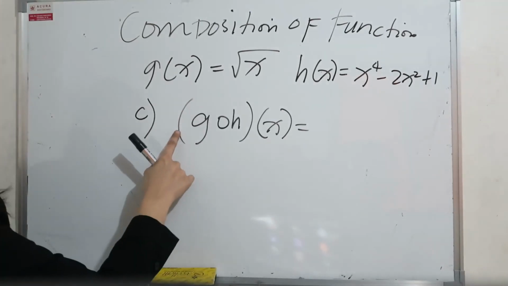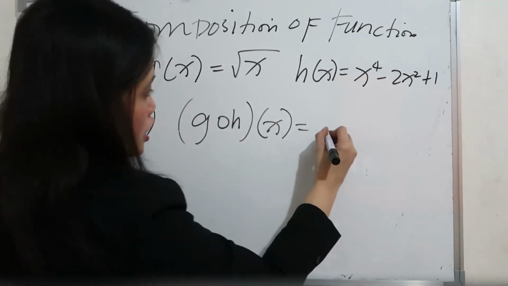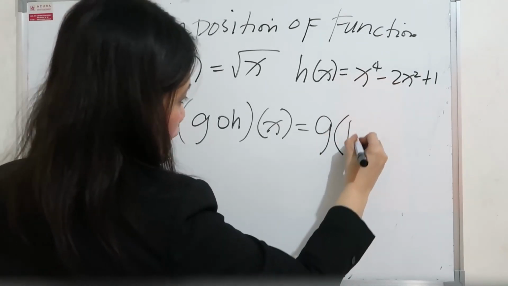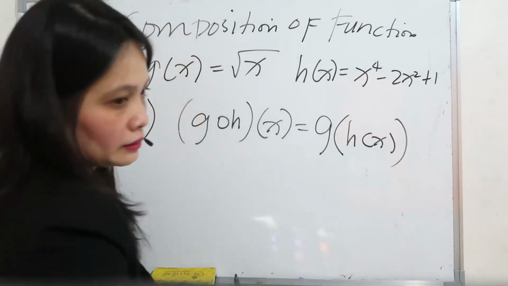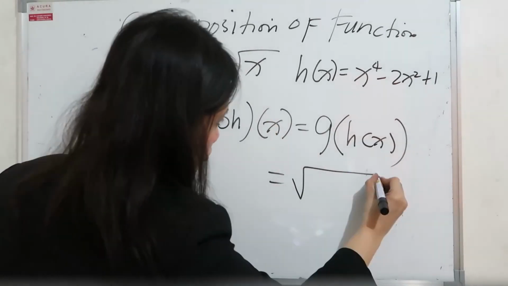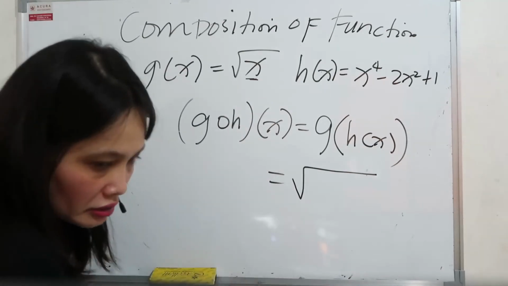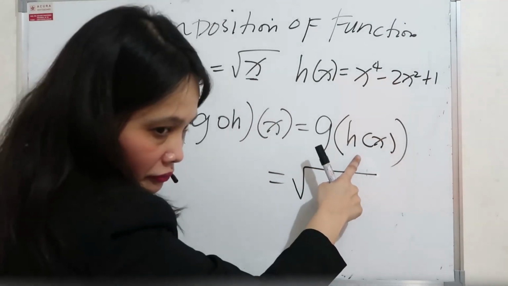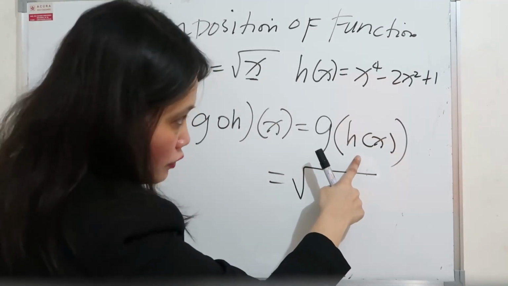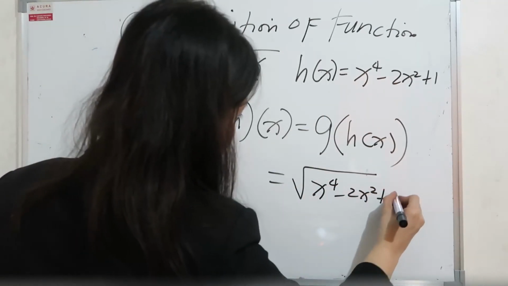So what is g? Square root. So we need to replace x by your h of x, which is x raised to 4 minus 2x squared plus 1.